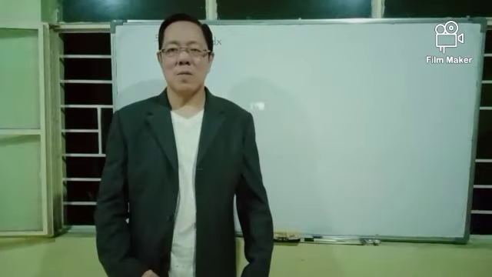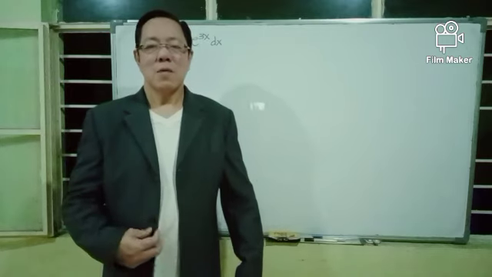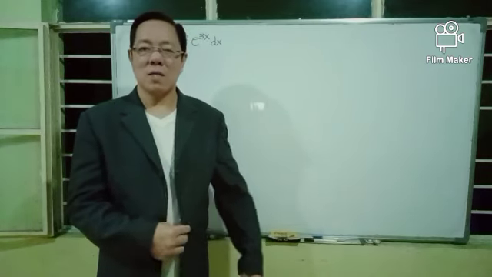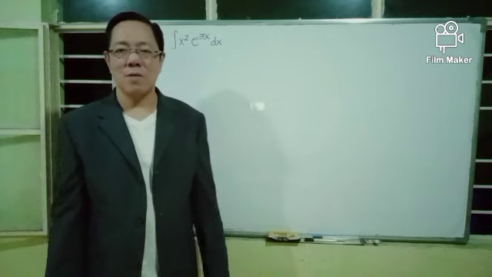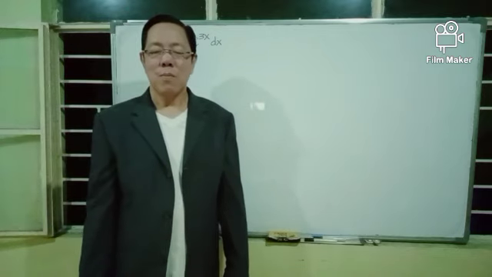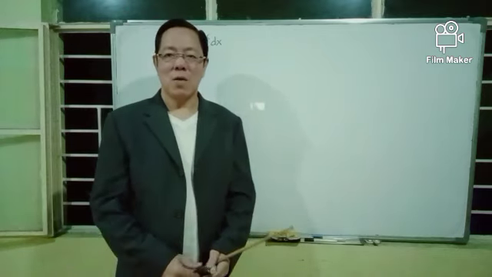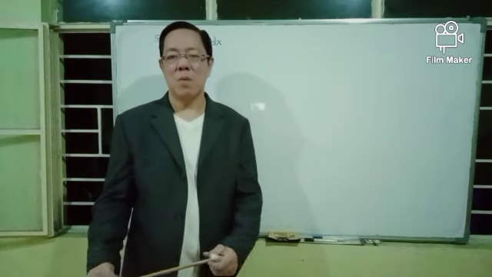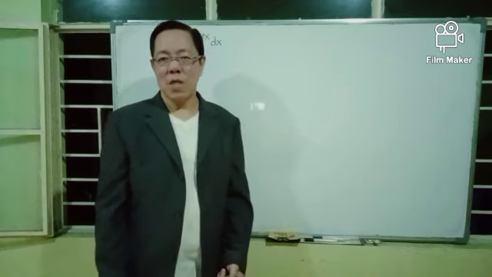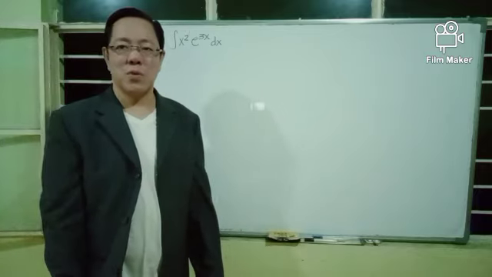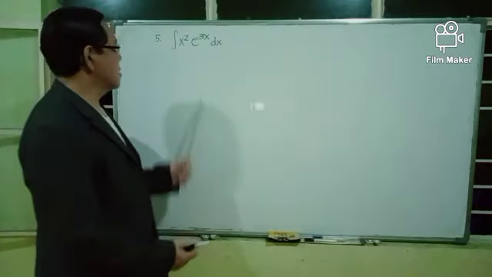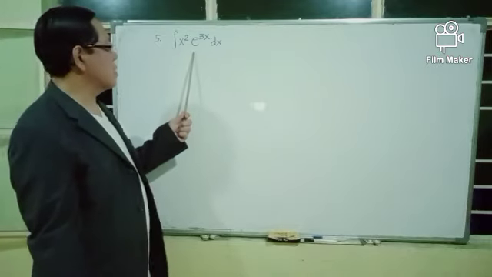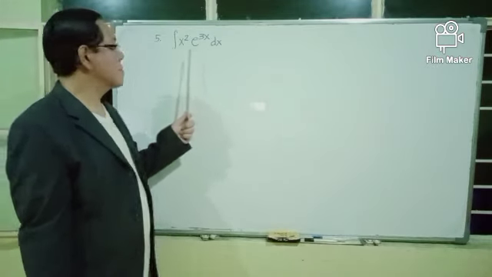In some problems involving integration, there are cases when you have to apply integration by parts more than once. And we take one such problem where we will use integration by parts twice. Consider the integral of x squared e to the 3x dx.